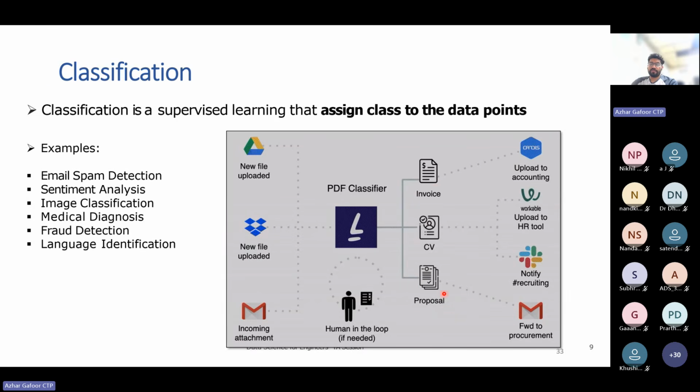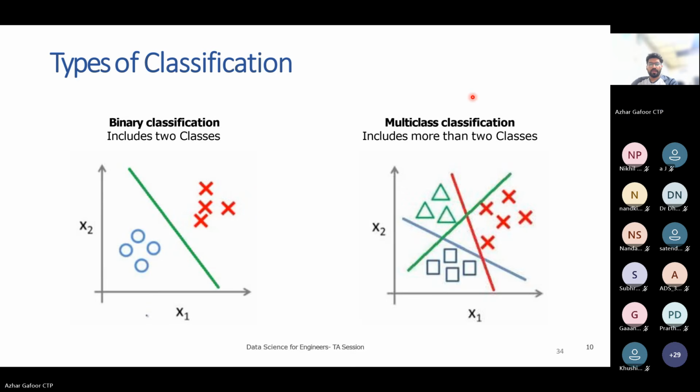Then if some AI agents work in this part of our pipeline, an invoice may be directly uploaded to accounting, or a CV may be used to notify the recruiting or HR department, or proposals may be directly forwarded to the concerned departments.